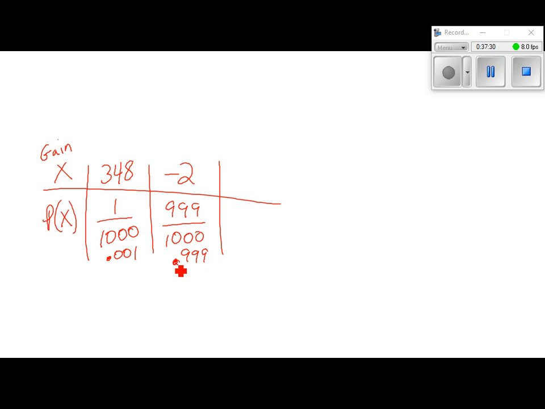Then do the same thing as we did on number 6, the one variable stats. So we put 348 in list 1, and this is list 2.